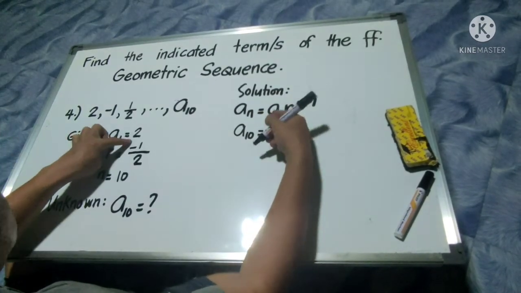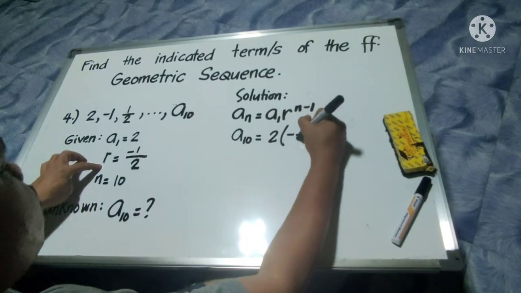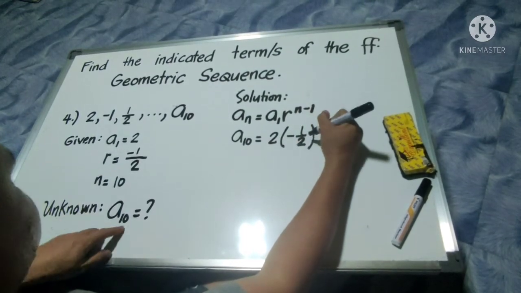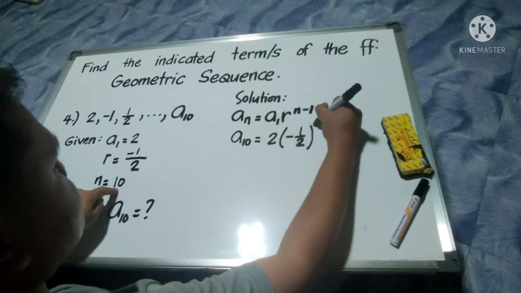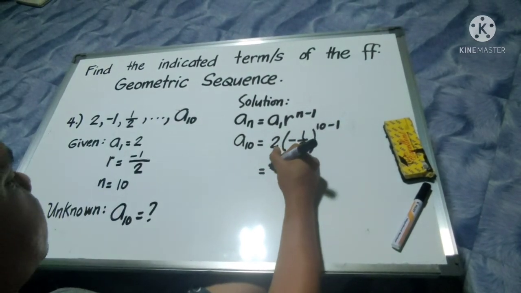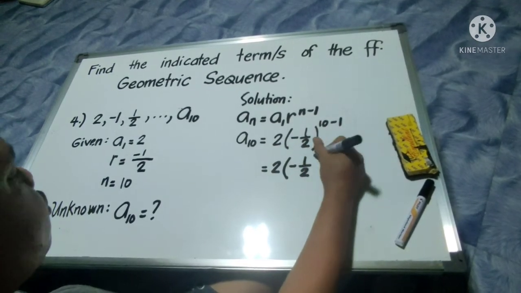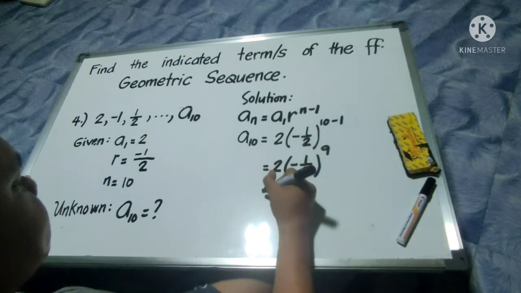A sub 1 is equal to 2. Our r is equal to negative 1/2 raised to the exponent of our n, which is 10 minus 1. You simplify it further, it will give you 2 times negative 1/2 raised to the exponent of 9.